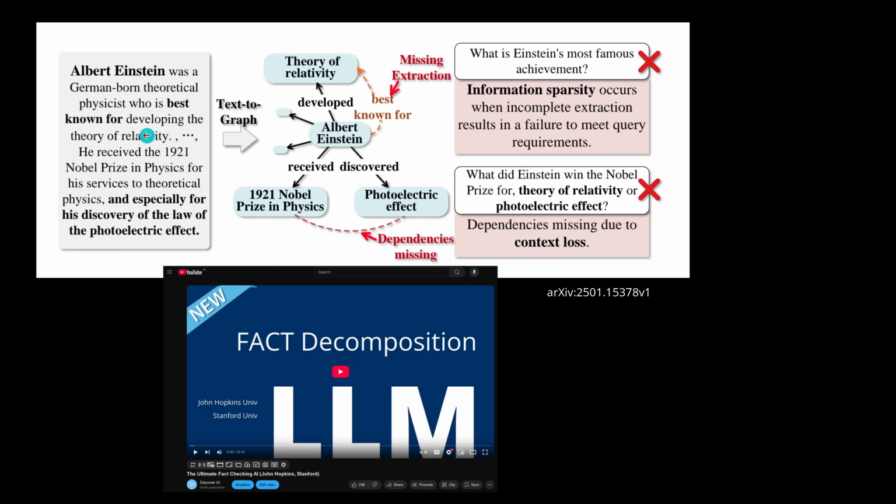Now you might say, hey, wait a minute. If I would take this sentence and I would think about the video that I did just 2 days ago about the fact decomposition here, that I take here a long sentence with a lot of information and I build here a fact decomposition where I only have singular, simple sentences, and then I have a decontextualization, so every sentence can stand alone for a better buildup of a knowledge graph.